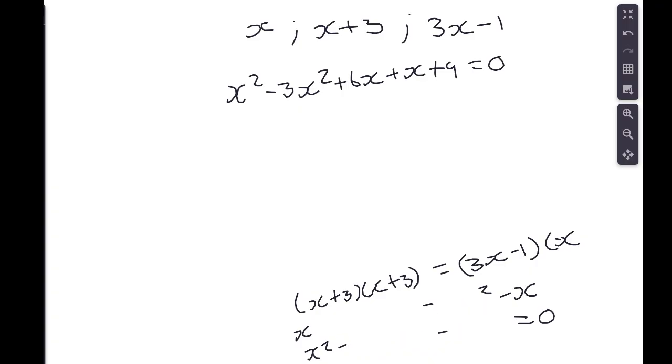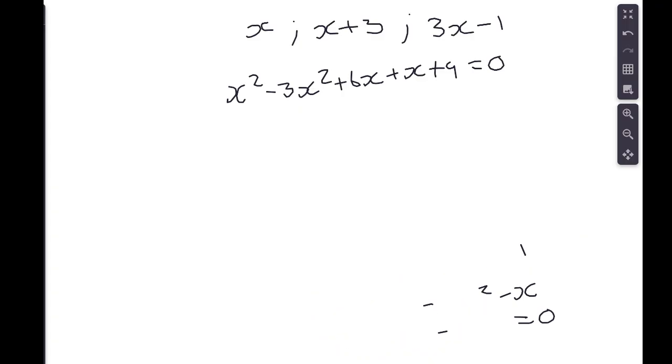Okay, we're gonna continue from that. So x squared minus 3x squared is negative 2x squared, plus 7x, and then plus 9, which is equal to 0.